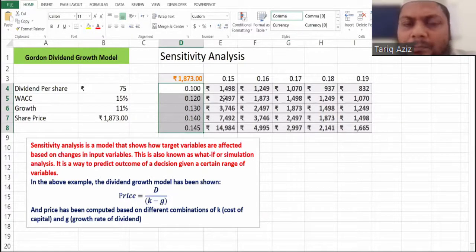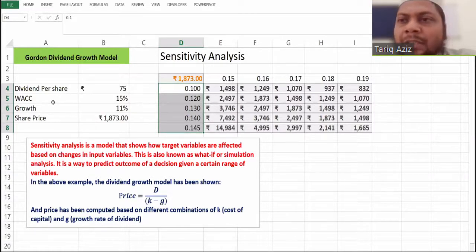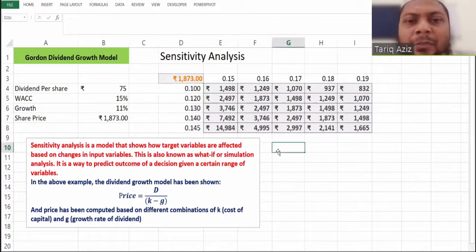But what if we only write 15? Will it change? Yes, in that case it will change because the input is already in percentage form. The cost of capital and growth rate, these two inputs are expressed in terms of percentage. So how can we write a percentage? Either we have to write it in expressed form like this, 10.